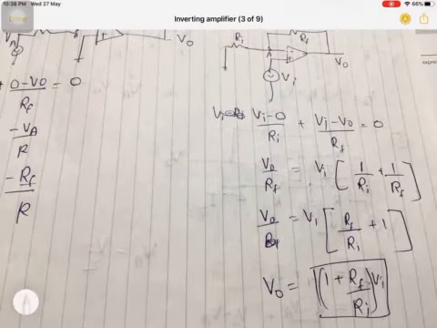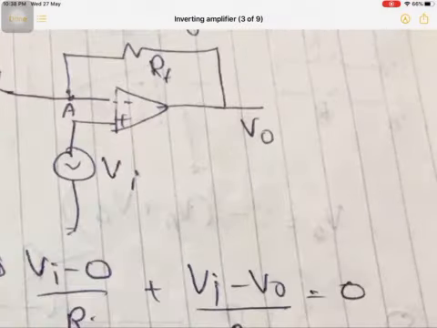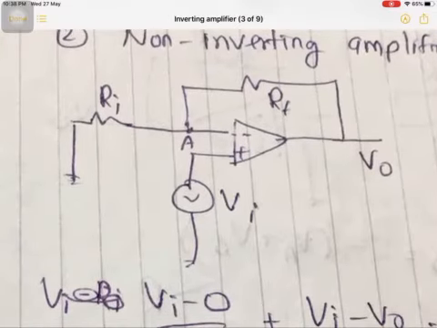Now, second is the non-inverting amplifier. Here I have assumed this terminal is A, and this is Vi. This is a non-inverting amplifier because the input is connected to the non-inverting terminal. Again, there is a negative feedback.